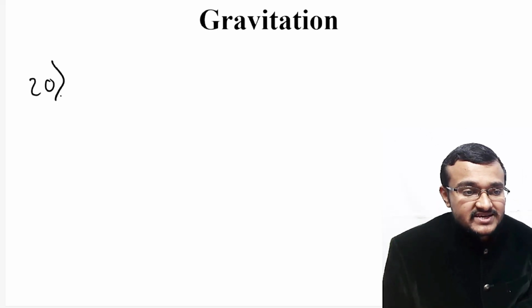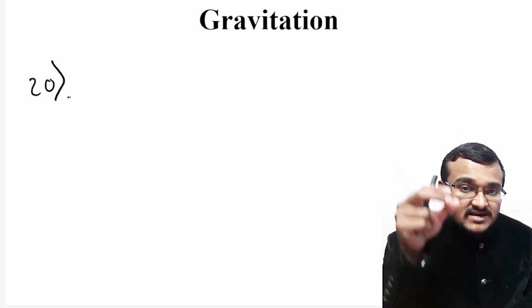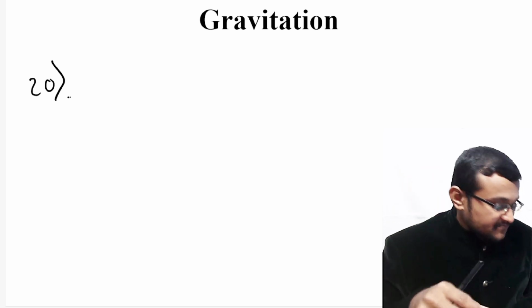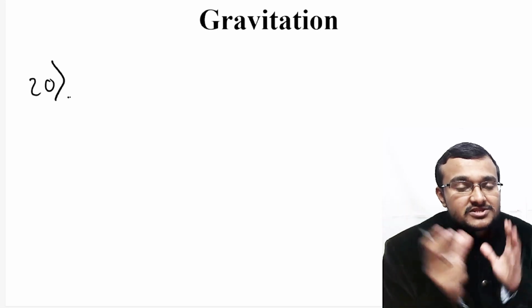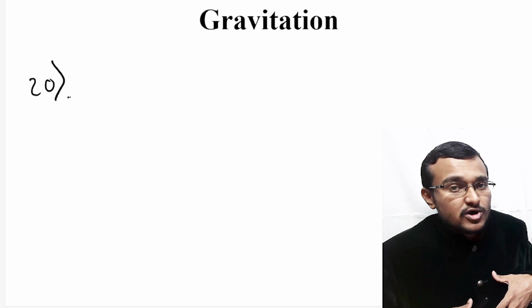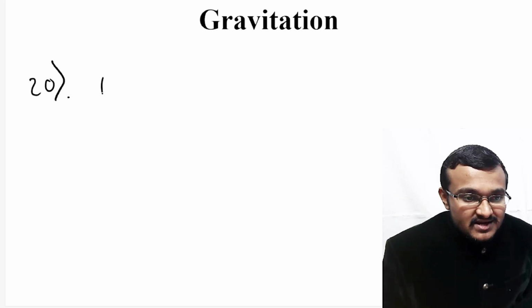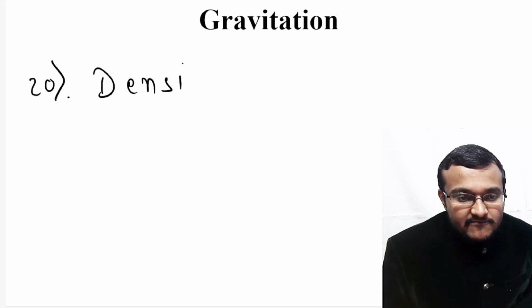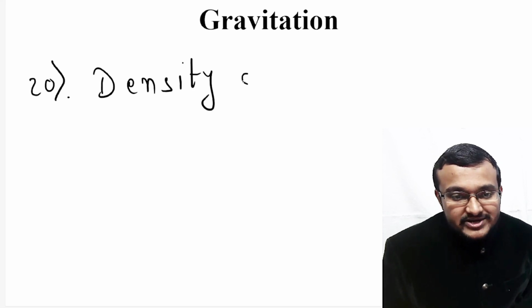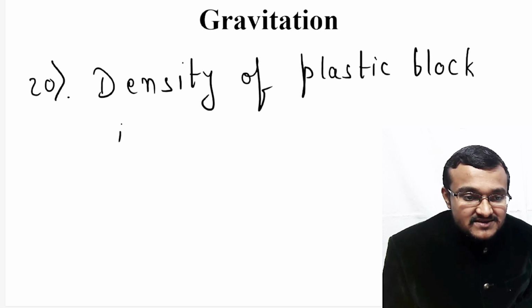Coming to the 20th question, here they have asked, why does a plastic block which is released inside water come and float on the surface of water? Why does the plastic block not immerse inside water? It will just come to the surface of water. That is because the density of the plastic block is less than the density of water.